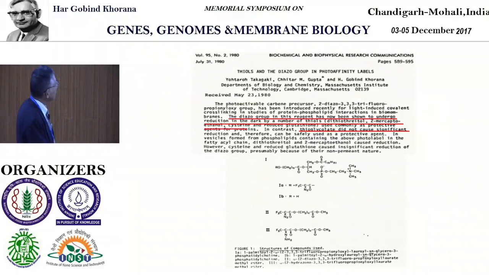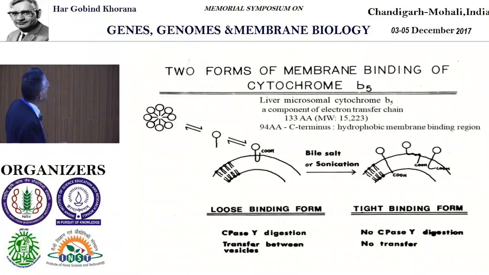But unfortunately, this diazo group got reduced by dithiothreitol or beta-mercaptoethanol reductants. And so I looked for a protein that doesn't have any cysteine for a sequencing project, and I found cytochrome B5 in Dayhoff's protein atlas.